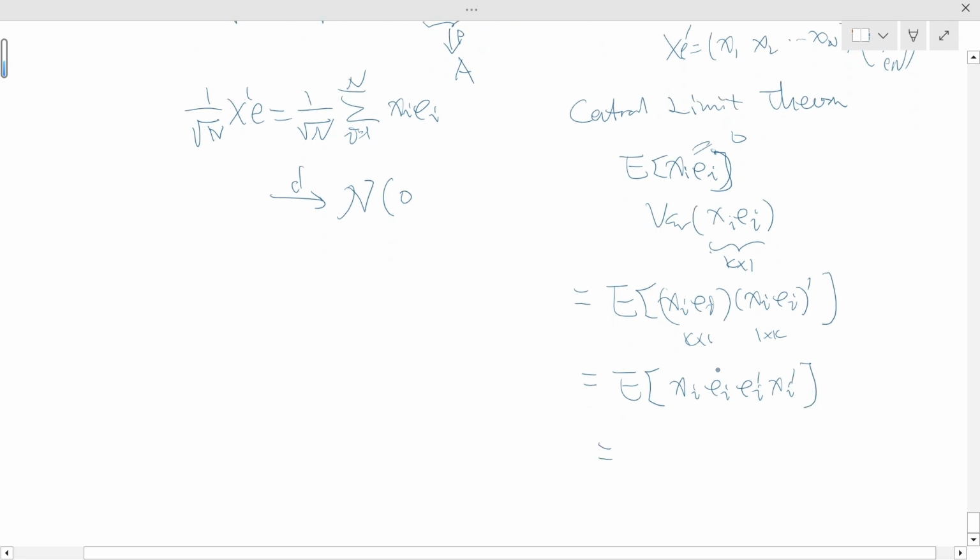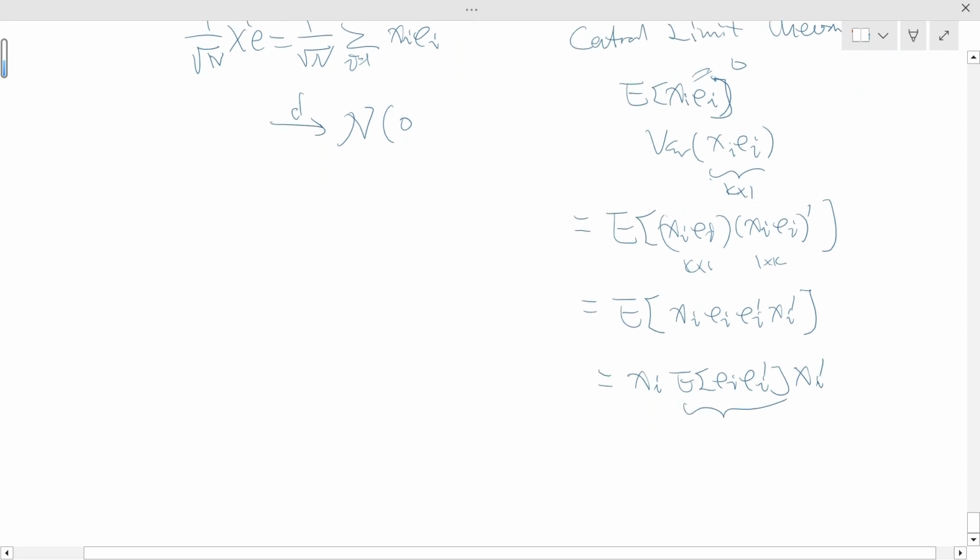Now this is conditional on X, so we can pull xi out. Previously, we calculated that the conditional expectation of ei squared is just the variance of ei. So we get xi sigma squared xi prime. This sigma squared is a constant, a scalar.